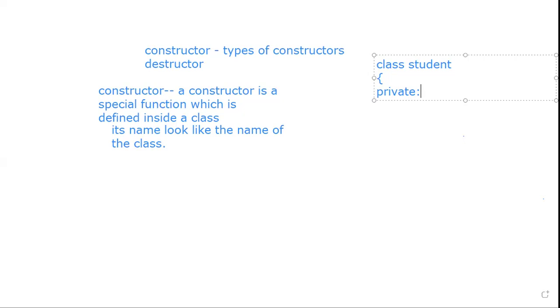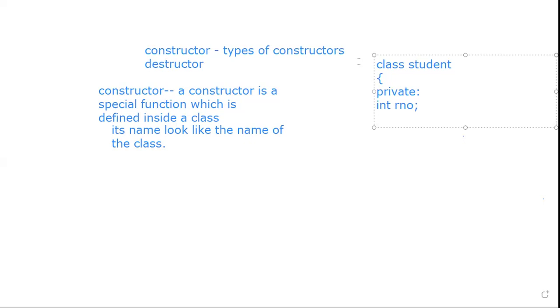When you say any data, for example int A or int serial number or roll number, I can say this is private data. What is the meaning of private? This data can be used only by the specific class. It cannot be accessed by other classes. So whenever you define any data under private, it will be restricted to the specific class only. It cannot be accessed by other classes.